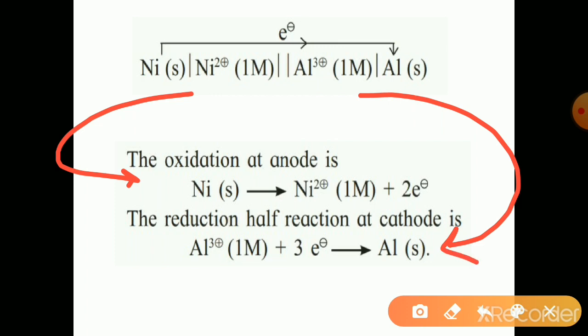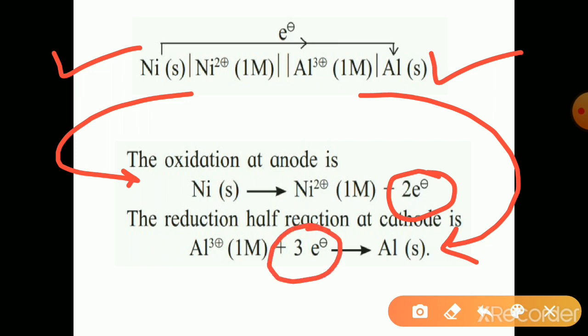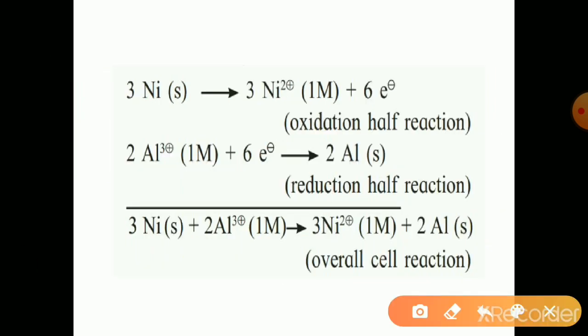As we know, to the left we indicate anode and oxidation takes place, and to the right we indicate cathode, reduction takes place. The overall cell reaction is the addition of the two half reactions. But one thing is very important, you must remember always: in the galvanic cell a redox reaction takes place.